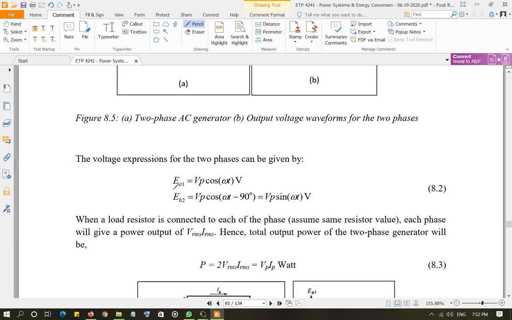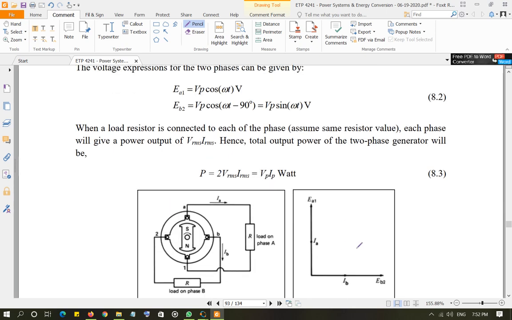Their equations can be given by EA is Vp cosine omega t, and EB is Vp cosine omega t minus 90 degrees. EB is following EA by 90 degrees, lagging EA by 90 degrees.